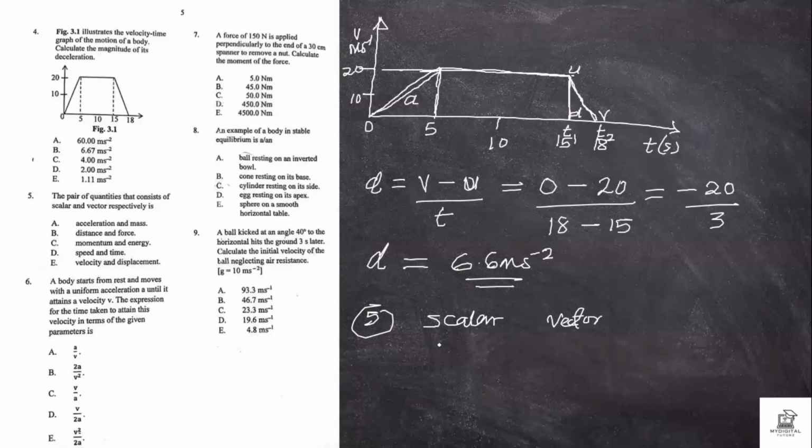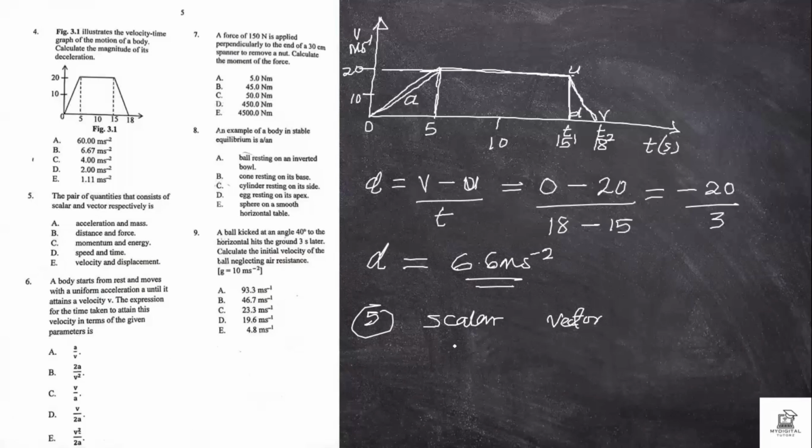So in that case, looking at option A, what comes first is a vector, which is acceleration, and mass is a scalar, so it's a wrong option. The next is distance and force. Scalar, which is distance, then force, which is a vector. Right? Okay, let's move again. Momentum is a vector and energy is scalar.